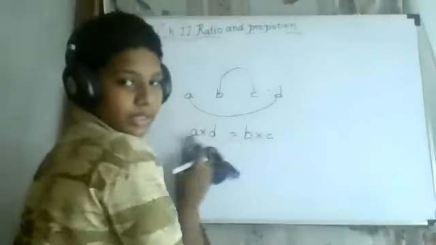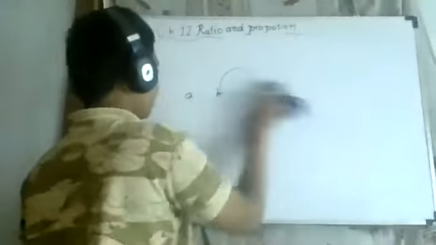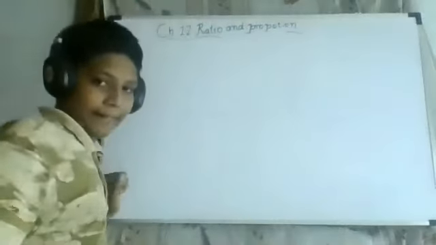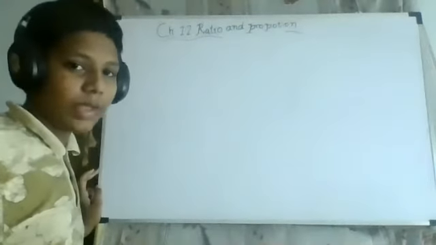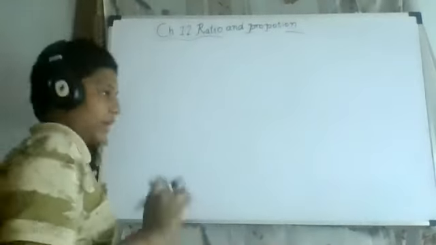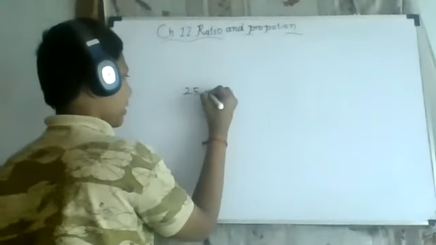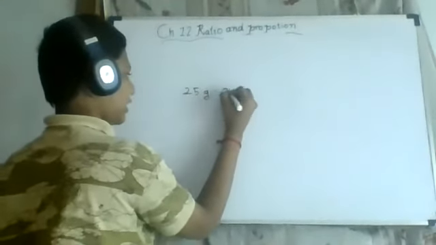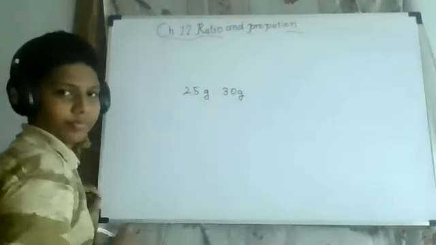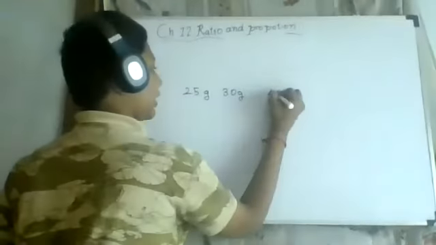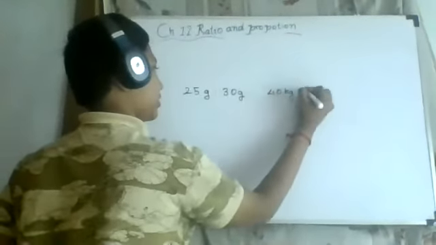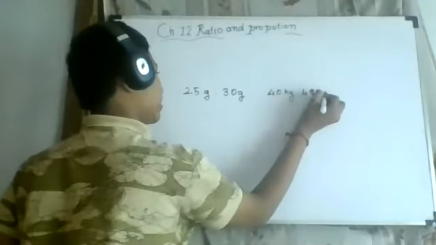For example, see now what we have to see. Now we have a question. Two ratios. One is 25 grams is to 30 grams, and 40 kg is to 48 kg.